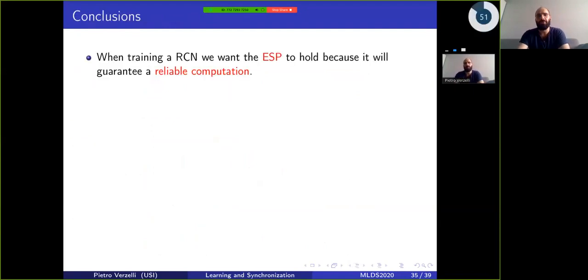So, okay, when training a reservoir computing network, we want the echo-state property to hold because it can guarantee a reliable computation. It was found by Jaeger and was confirmed by a lot of experiments later.